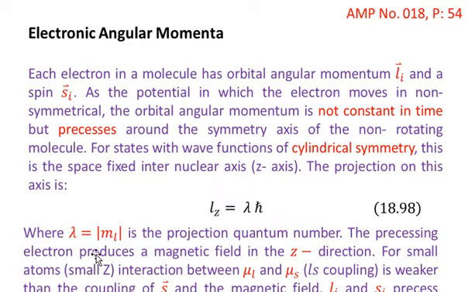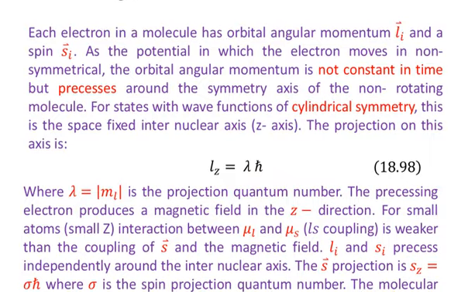Lambda can be written as the magnitude of ml, where ml, as you know from atomic physics, is the orbital magnetic quantum number of the electron. In a molecule, we consider lambda, which is the absolute value of ml. This has been explained in one of the previous lectures. So lambda is the projection quantum number.